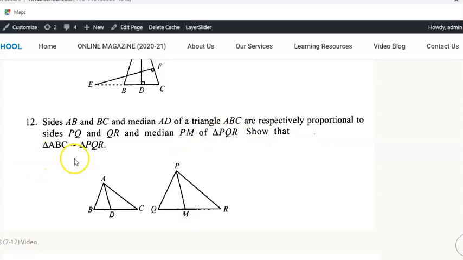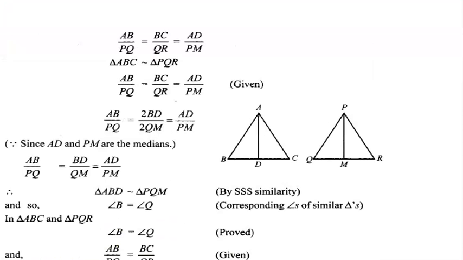Show that triangle ABC is similar to PQR. So this you have to prove in this question. So let's start. Now as we have seen in the conditions, AB is proportional to PQ, BC is proportional to QR and AD is proportional to PM. So because of proportionality, AB by PQ is equal to BC by QR and AD by PM.